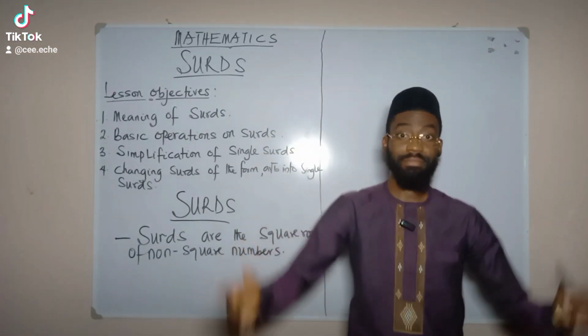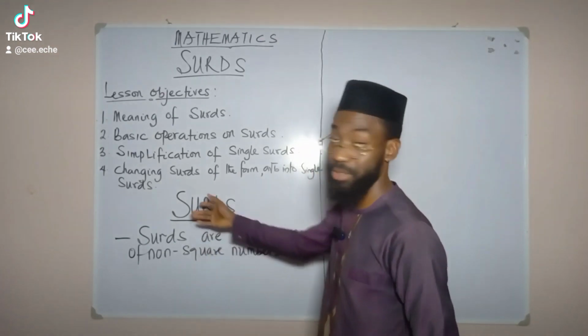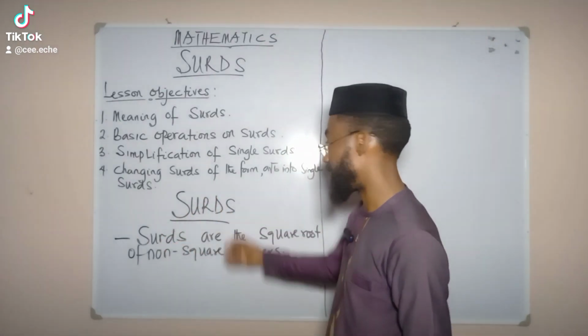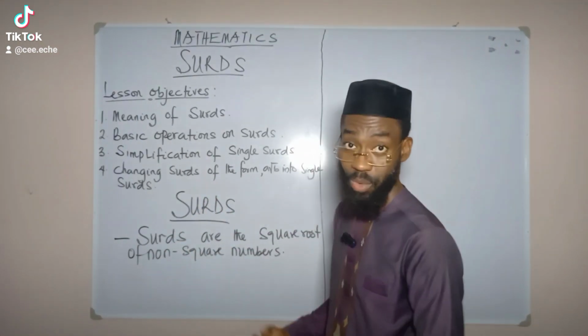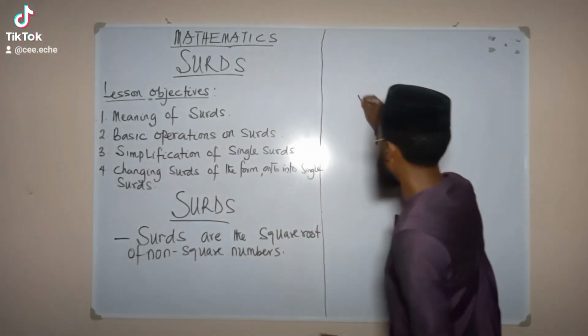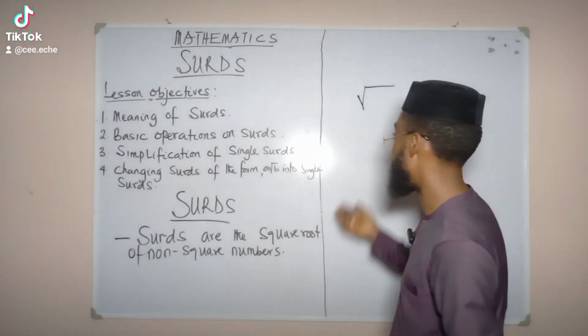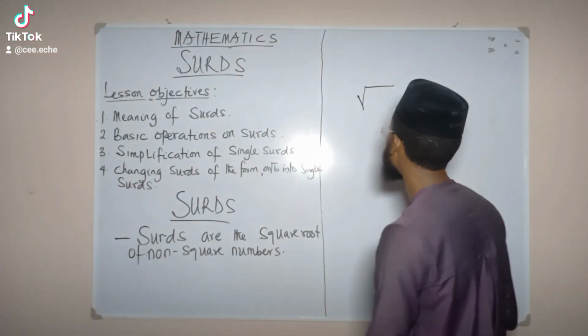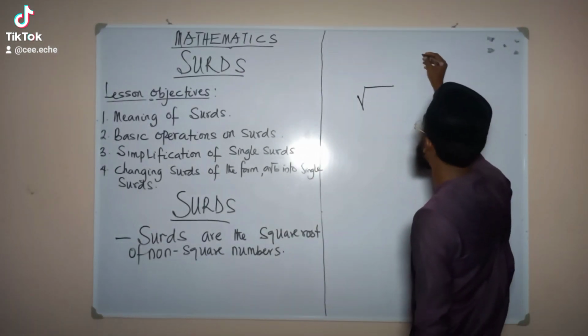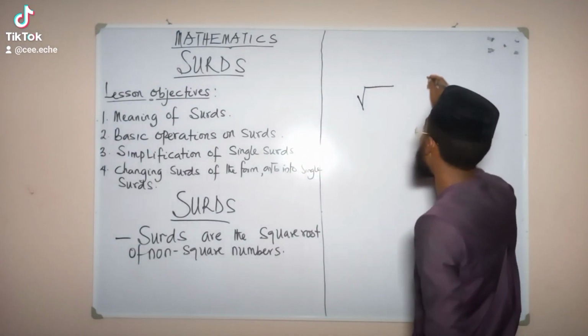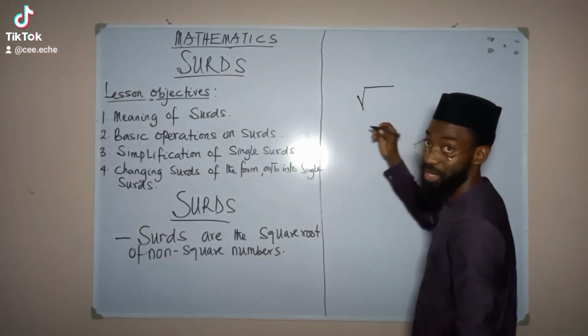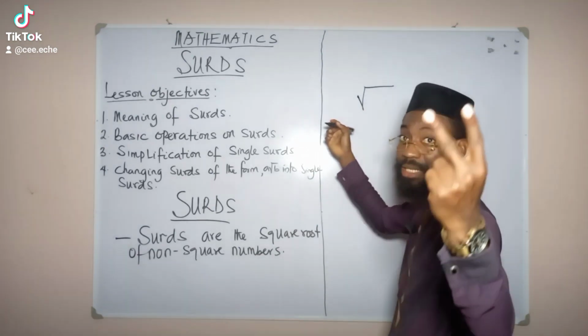Now, luckily, we studied squares and square roots in our last class. So obviously, if we're talking about square roots, you know what I mean now. That's the symbol for square root. We talked about it in the last class, and we said this is the radical symbol. We also found what the square numbers are. Square numbers are those numbers that we get when we multiply a number by itself.